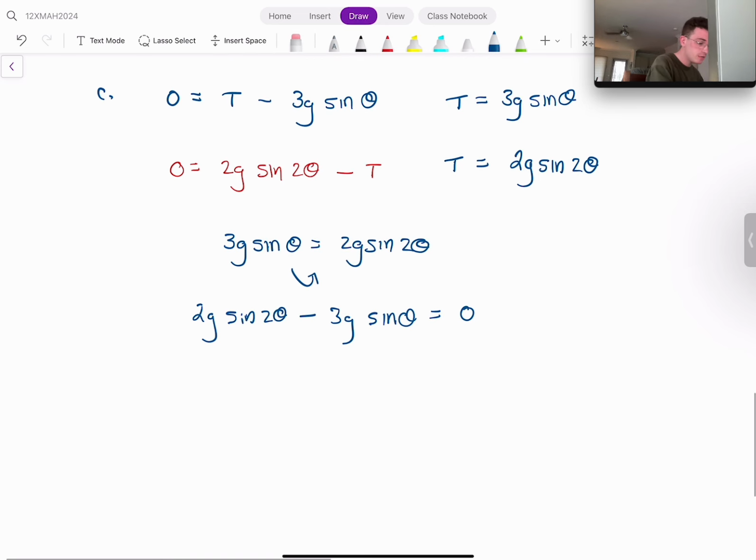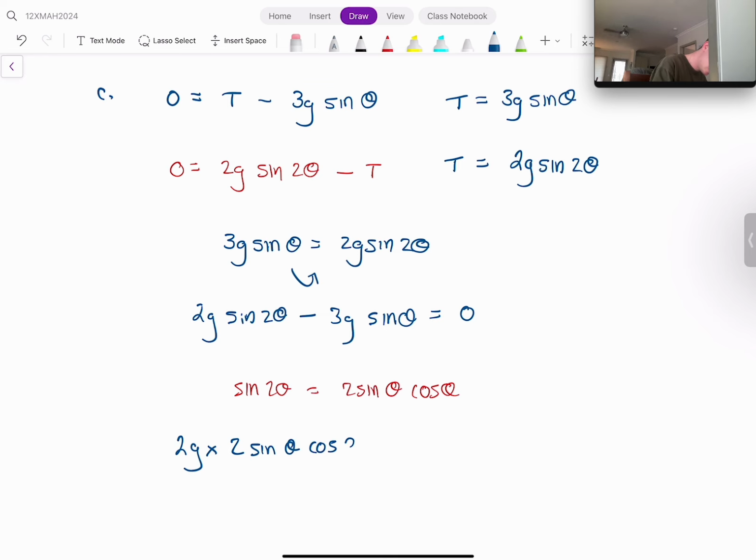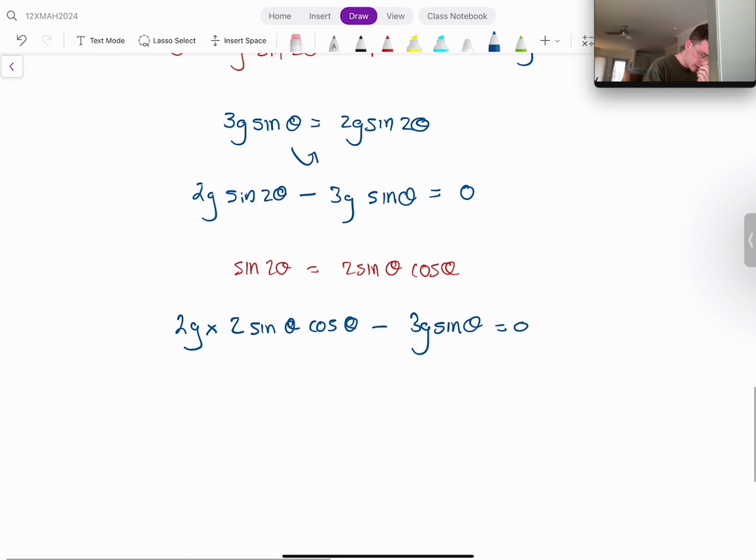Now remember, sine of 2 theta is 2 sine theta cos theta. So this is 2g times 2 sine theta cos theta minus 3g sine theta. So this is going to be 4g sine theta cos theta minus 3g sine theta.